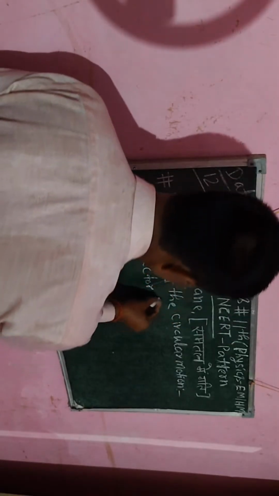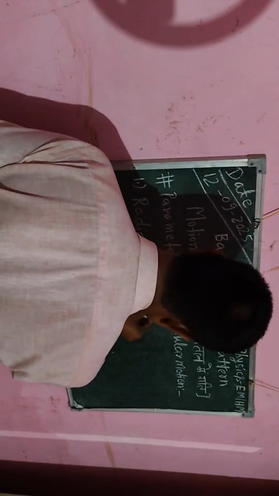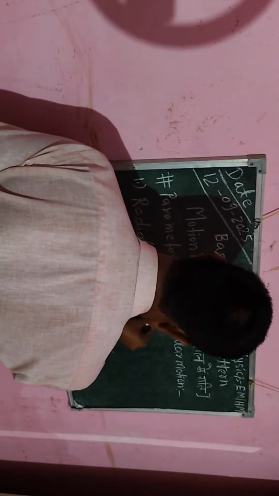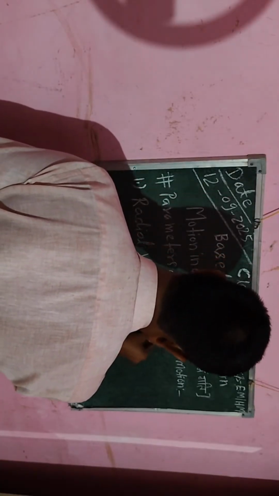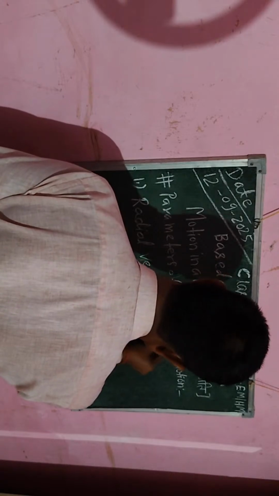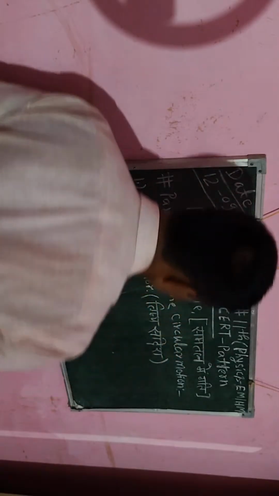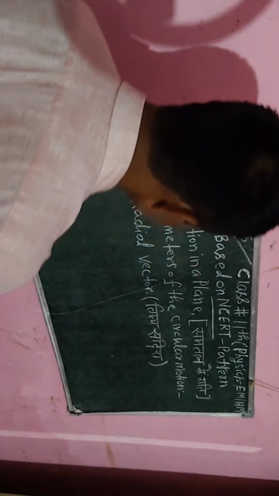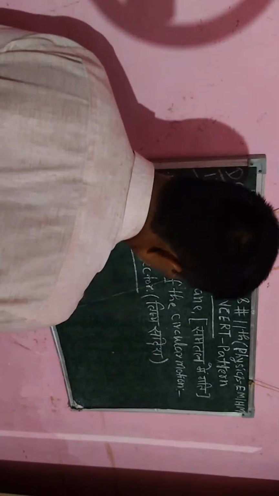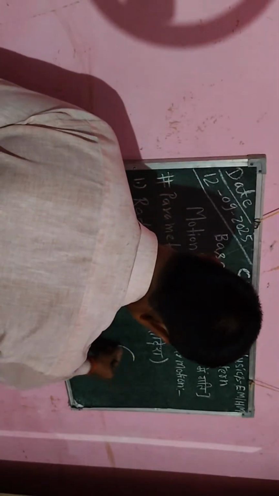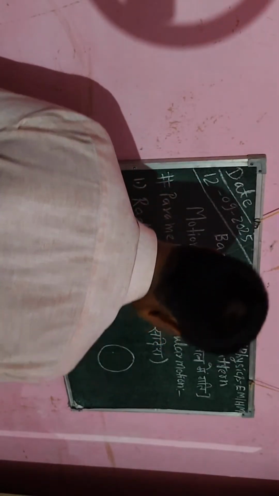This is the concept of radial vector. Now in this case I have to draw a circle.